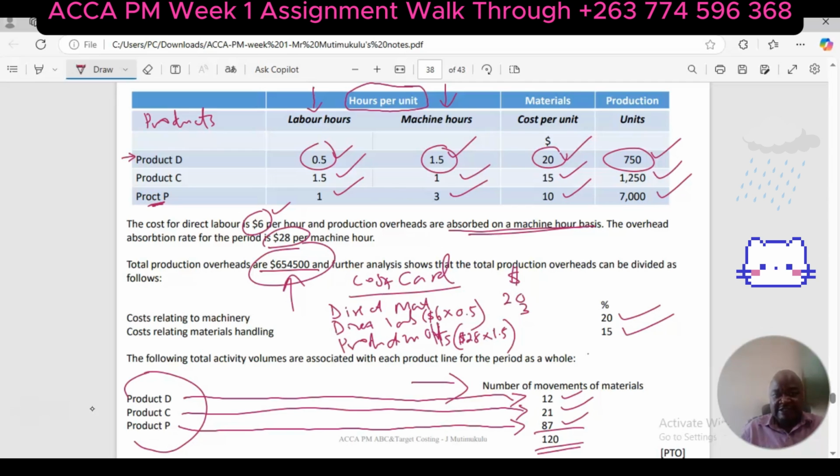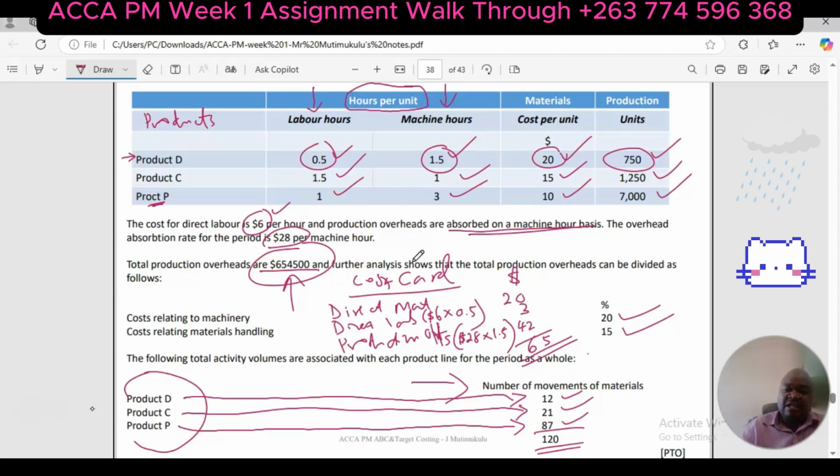So $28 multiplied by 1.5 hours, we get 42. Then we compute the total. 3 plus 2, that's 5, and 2 plus 4, that's 6, so 65. When you get that, you slot in your answer.